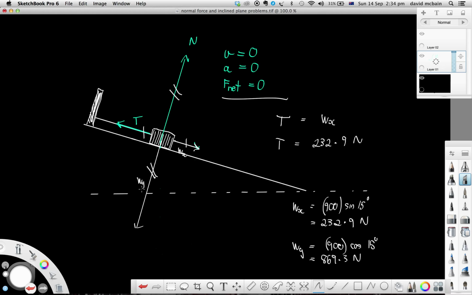The net force is 0, therefore the acceleration is 0. So that's the situation in that problem. Once again, just a few other things. We know that the normal will equal Wy, so the normal will equal 869.3, and as we said earlier, the weight force is 900.